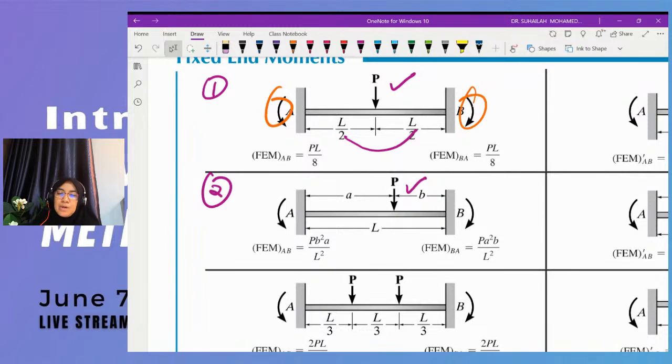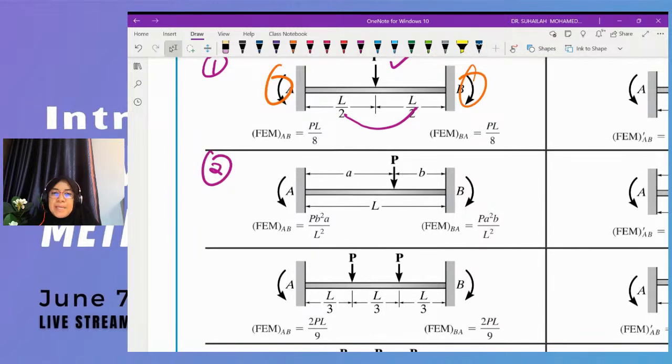Okay, P not at the center, anywhere. The P can be here, here, anywhere. And A will always be on this side, B is always on this side. So this is type number 2, P is subjected not at the center.